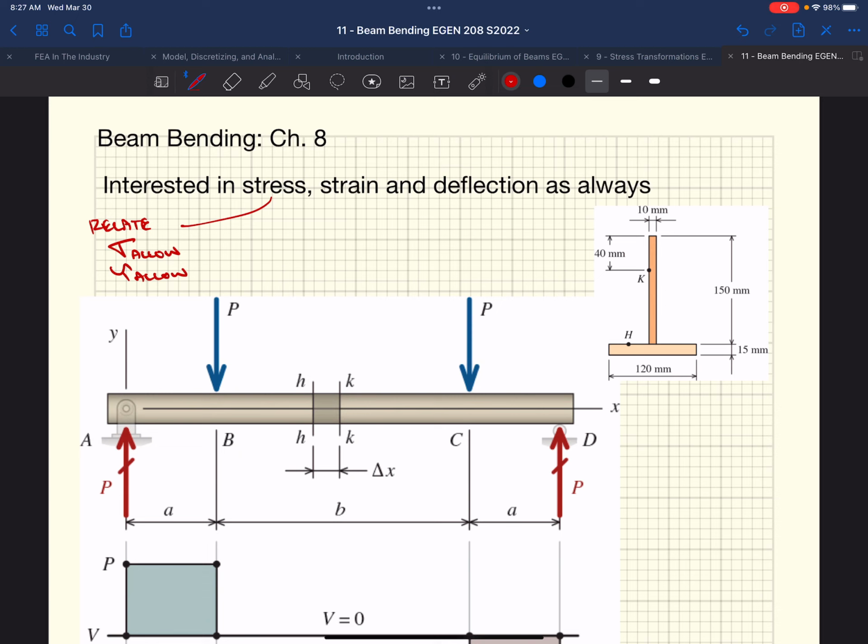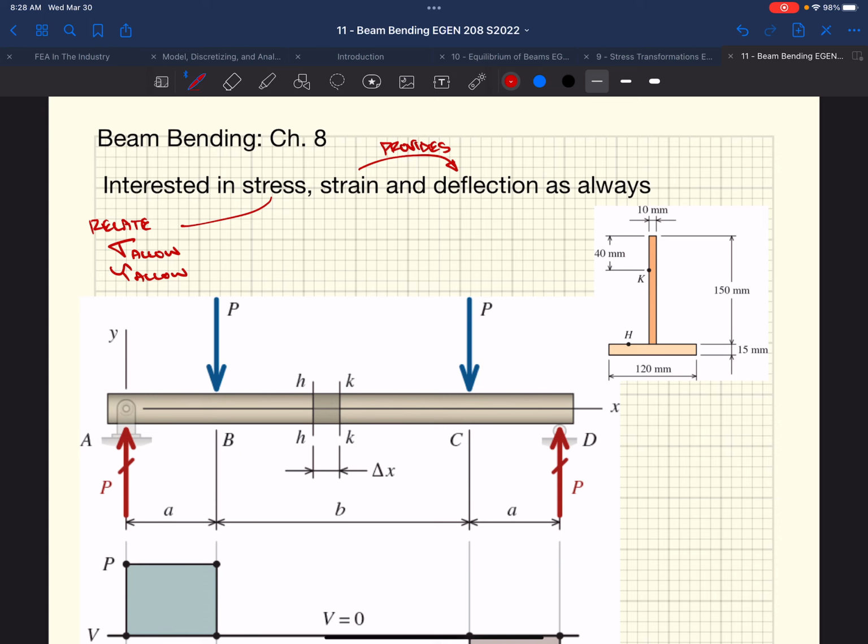From stress, we can get strain, right? Or we can calculate strain based on change in deformation. And that strain provides us a means of calculating displacements, right? Strain being a change in length over the original length, right?